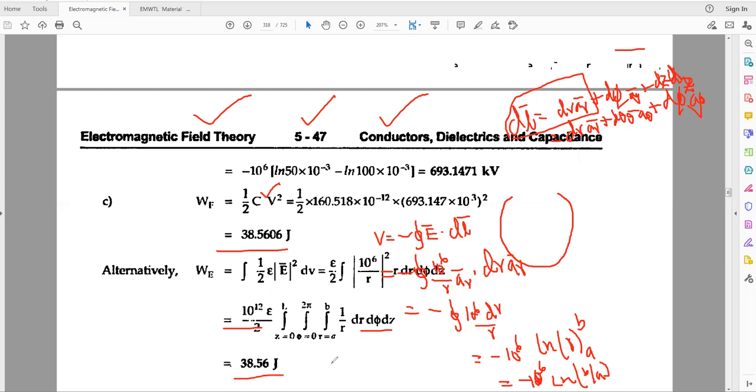For that also, the energy stored will be the same, 38.56. It is easier using this formula: if we know the capacitance and the voltage, W is equal to 1 by 2 C V square.